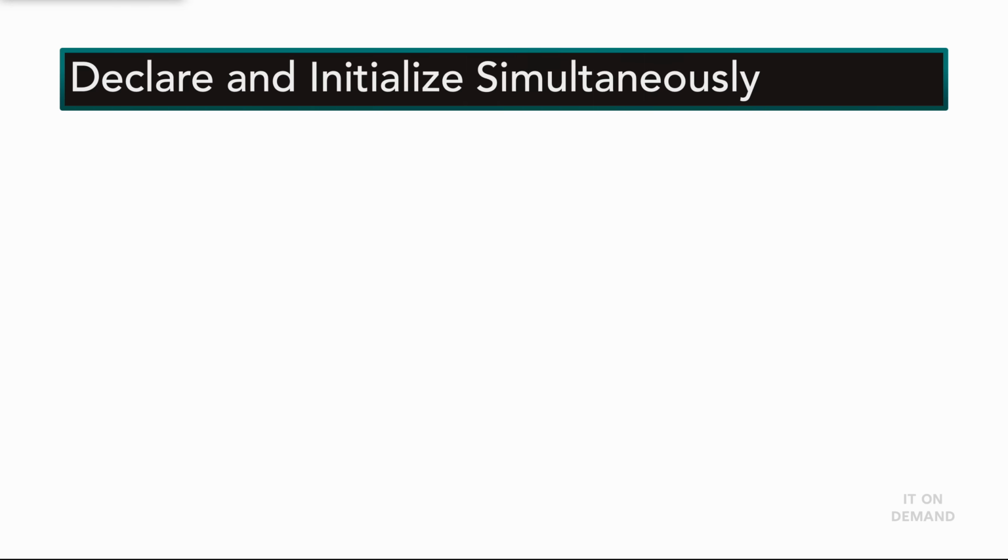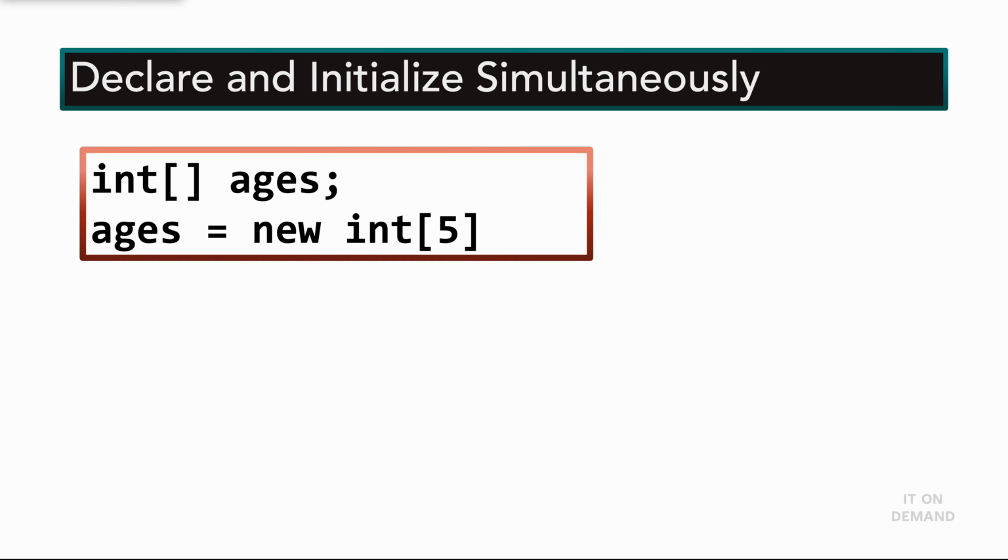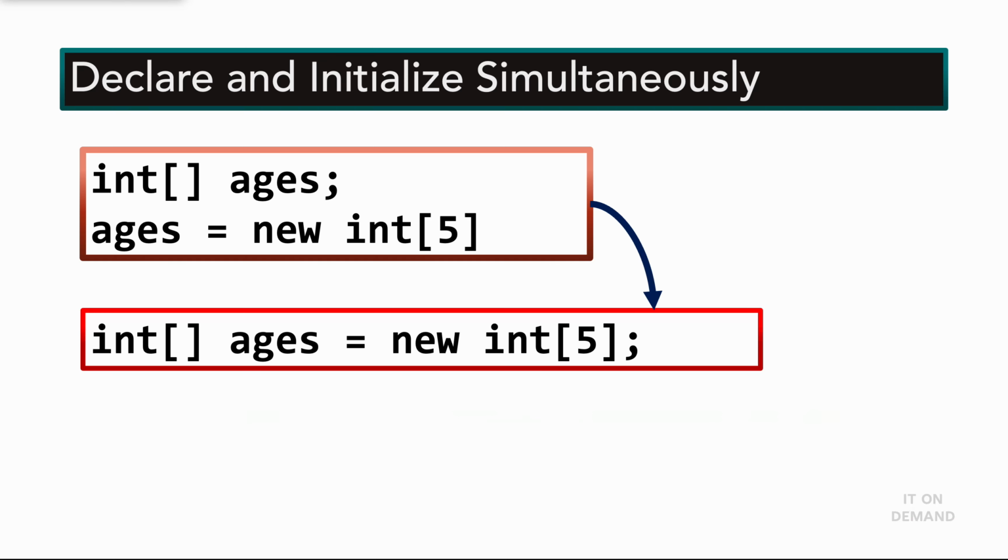Another way to do this is to declare and initialize simultaneously. And what does that mean? This same thing we have here, the int ages equal to new int, we can do in just one single line. So we can say int, the square bracket, space, ages, space, equal to new int and 5.